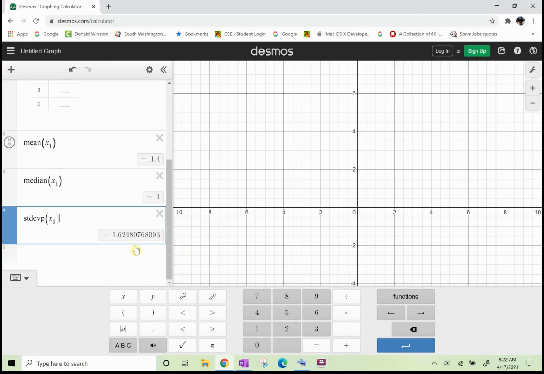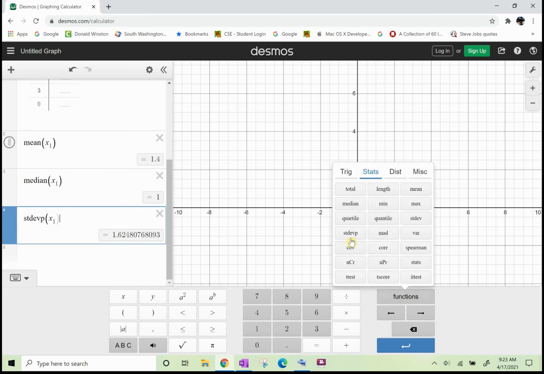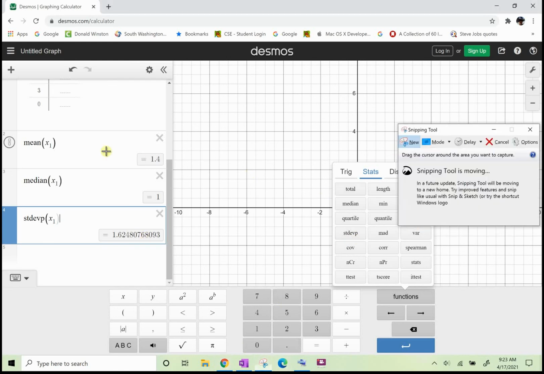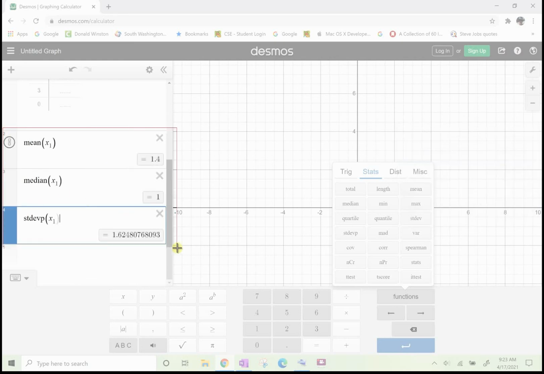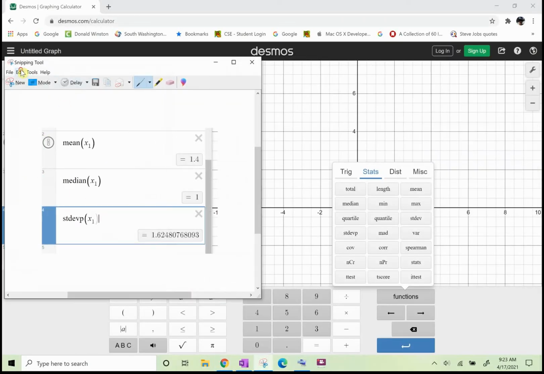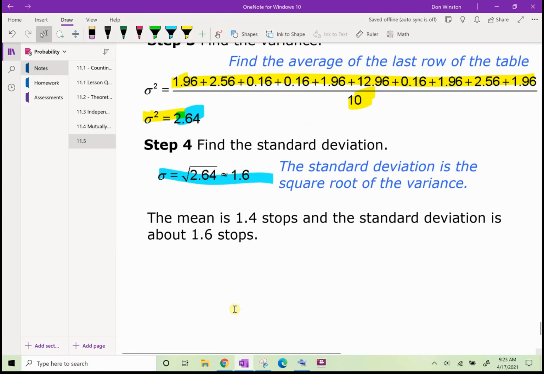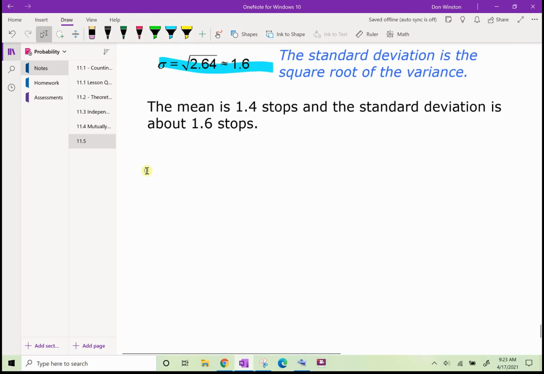So when you're calculating the standard deviation for our purposes, we'll have to use the standard deviation of the population, and that will be STDEVP. All right, so let me make a screenshot of this so you know what to use. As you're doing your hand calculations, you can check your work.